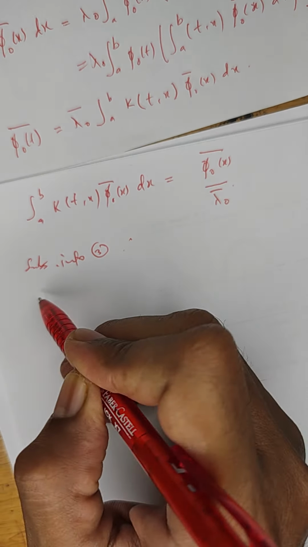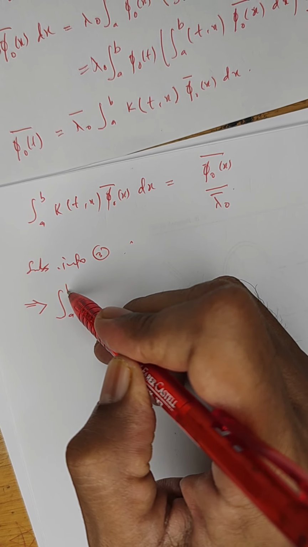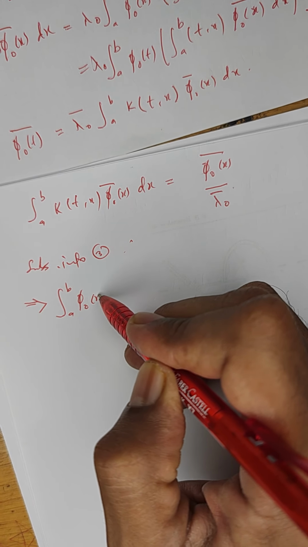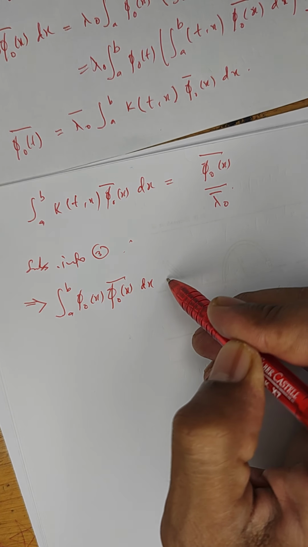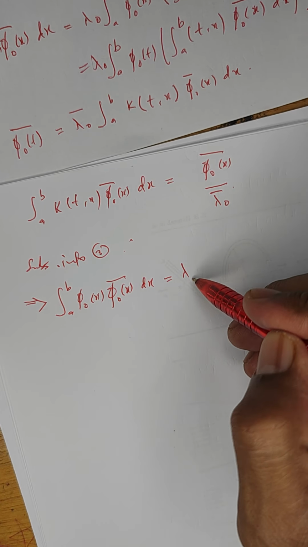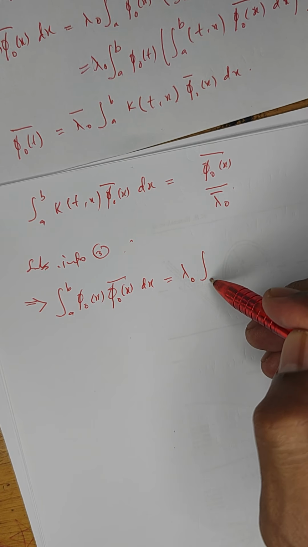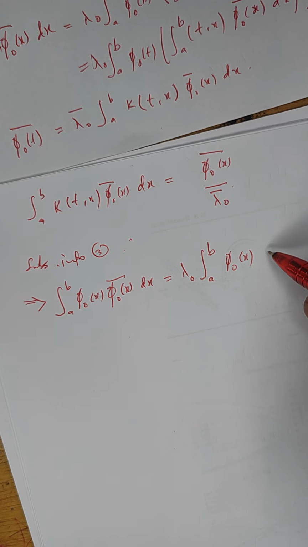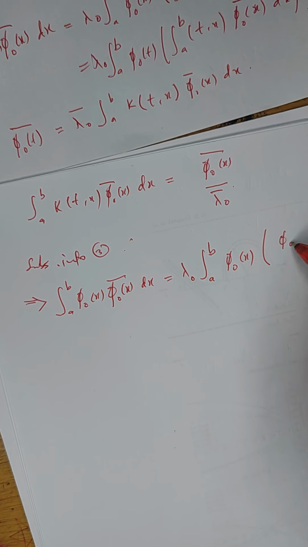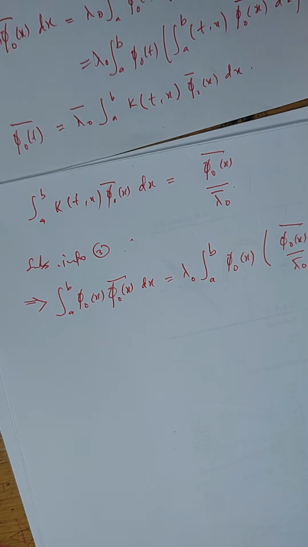So what we have: integrate a to b phi naught x bar dx is equal to lambda naught integrate a to b phi naught x, and that one is phi naught x bar over lambda naught, dx.